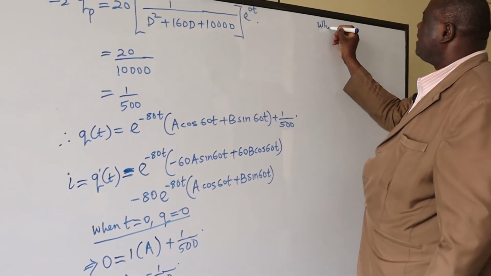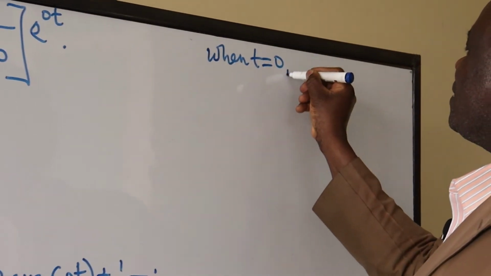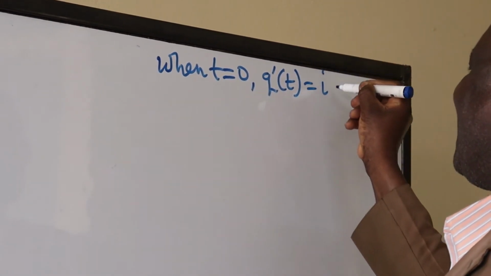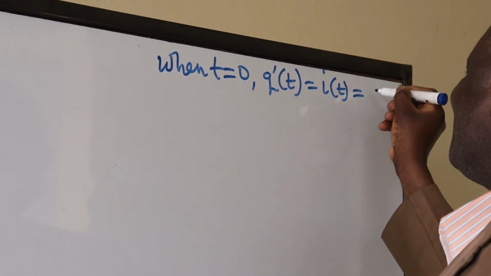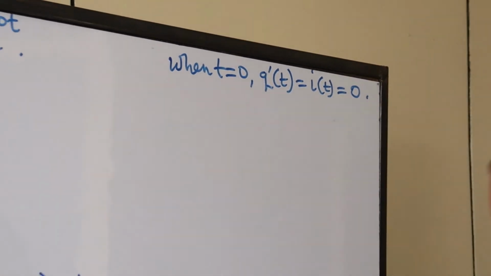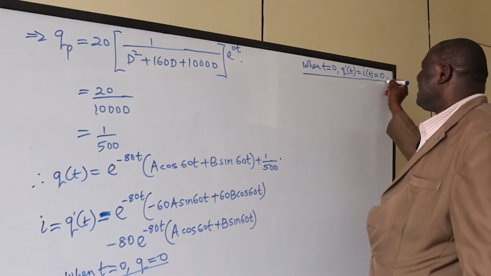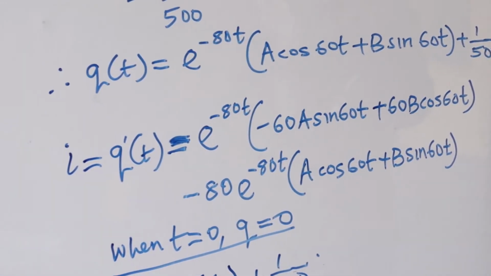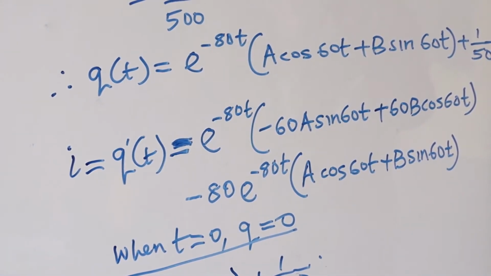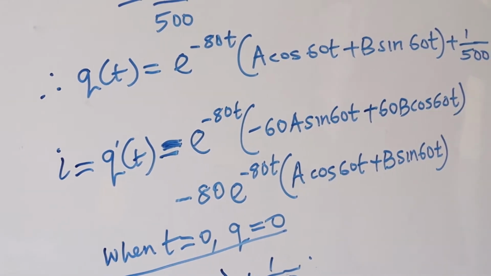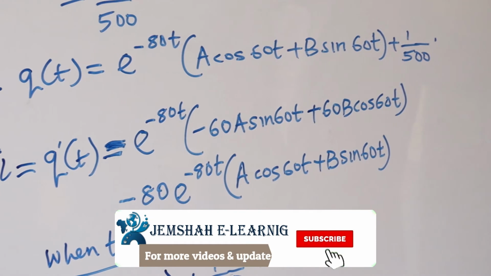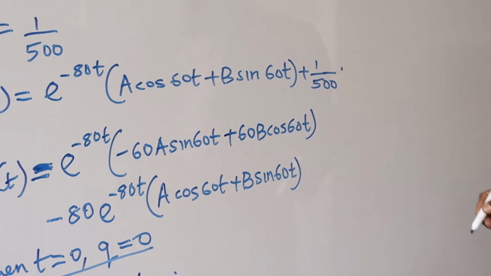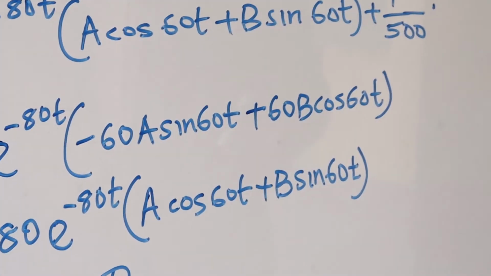So when t is equal to 0, q prime of t, which is equal to I as a function of t, is also equal to 0. So in that expression, we say 0 is equal to, where there is t, we are inserting 0. So that is 1 into 60b.